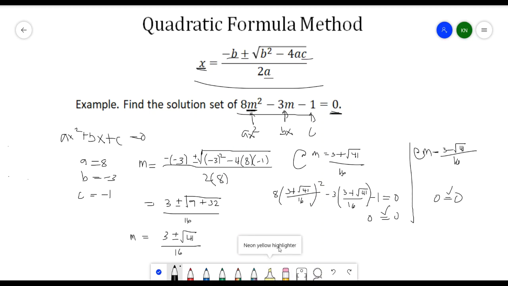So meaning to say, the solution set of our equation is 3 plus square root of 41 over 16 and 3 minus square root of 41 over 16. So this is now the solution set of our equation.